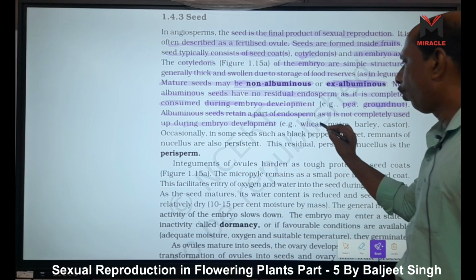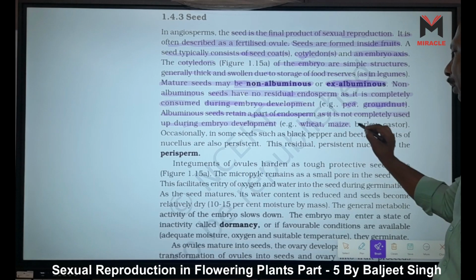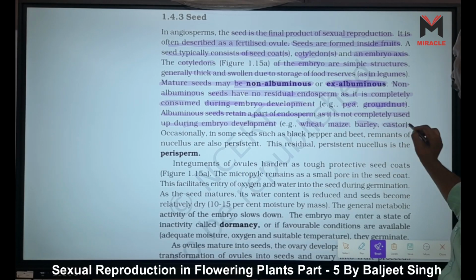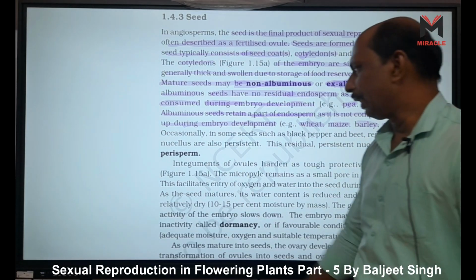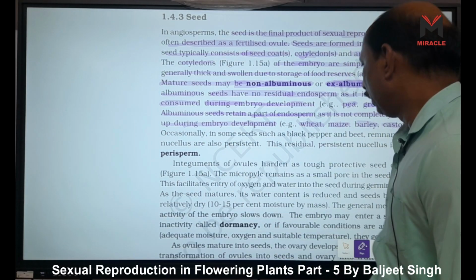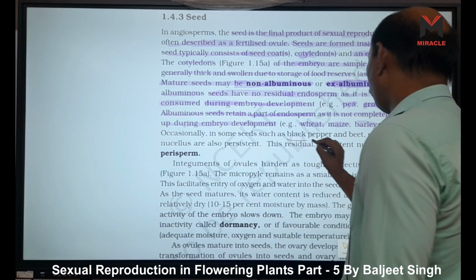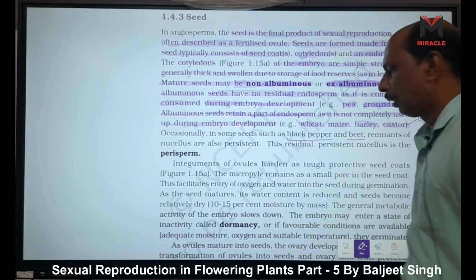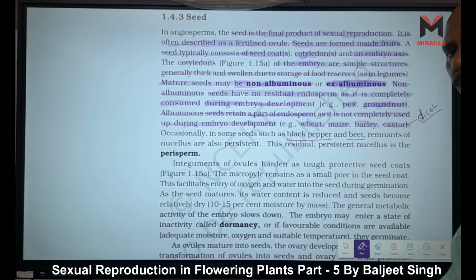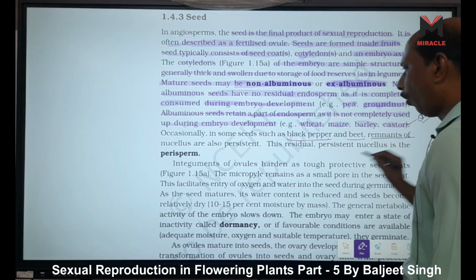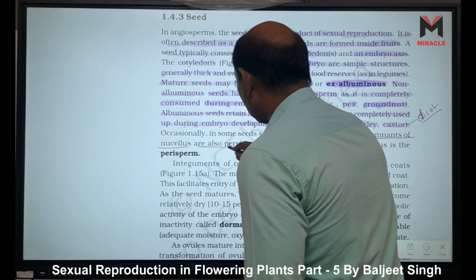That is monocots like wheat, maize, barley, and castor. Castor is a dicot, right? Occasionally, in some seeds such as black pepper and beet, right, these are dicots, the remnant of the nucellus is also persistent.